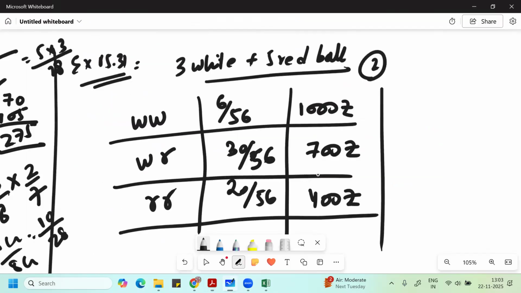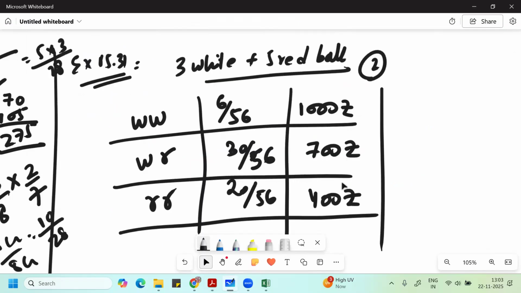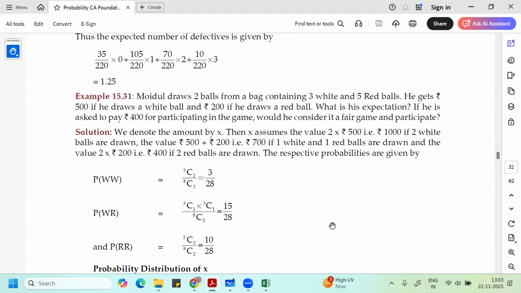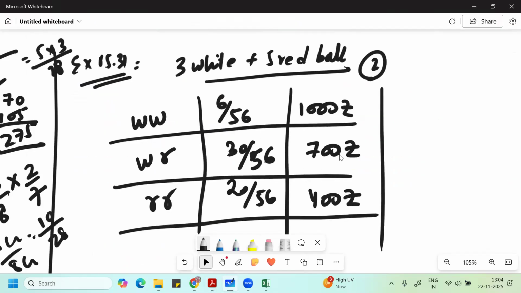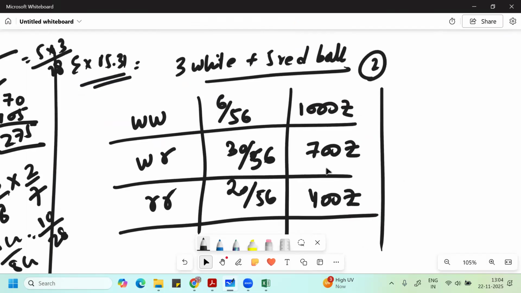So both white is 3 by 28, one white one red is 15 by 28, and both red is 10 by 28. Okay, I have not cancelled because I wanted the denominator the same. For both white he'll get 1000 rupees, here he'll get 700 rupees, and for both red he'll get 400 rupees.